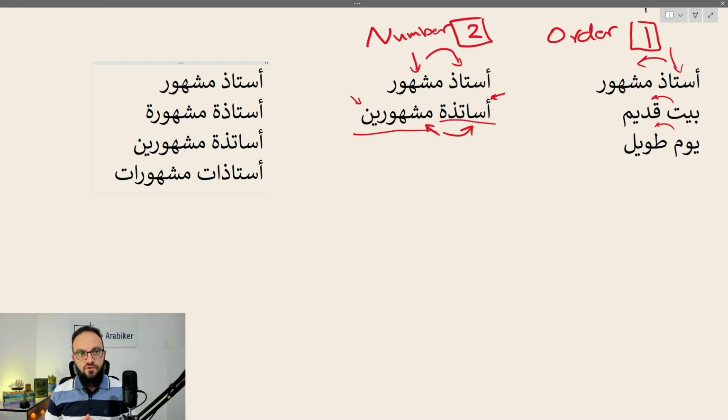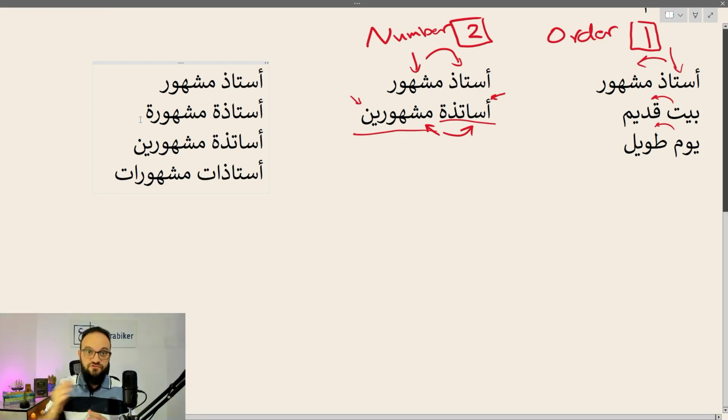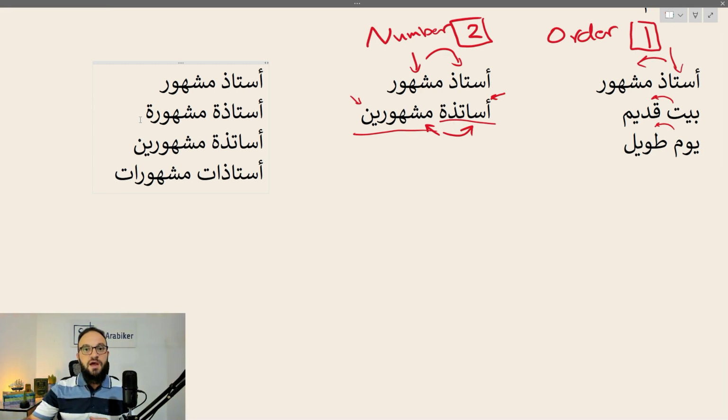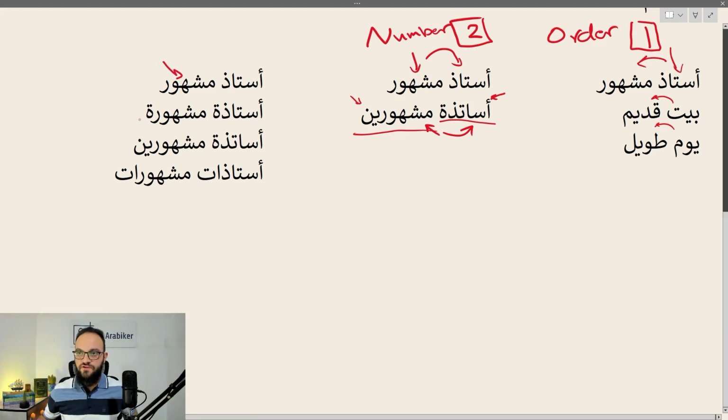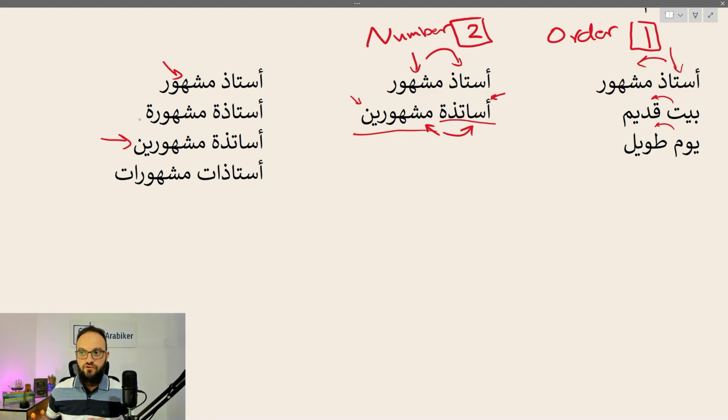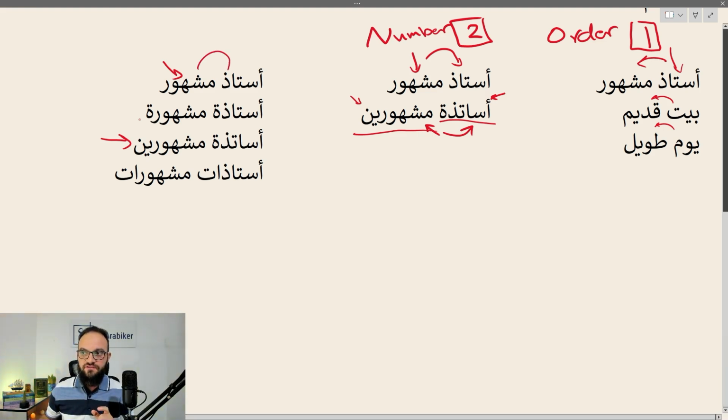Pause the video now and check the differences between these phrases. You might have noticed that the adjective must match the gender of the noun. So this word and this word are actually in masculine form because the noun that they modify is a masculine word.